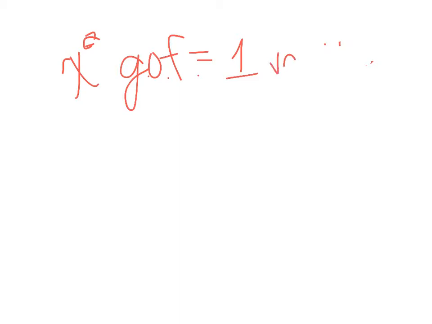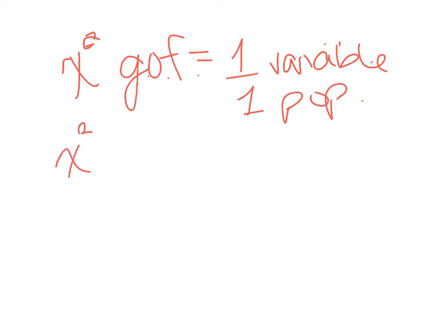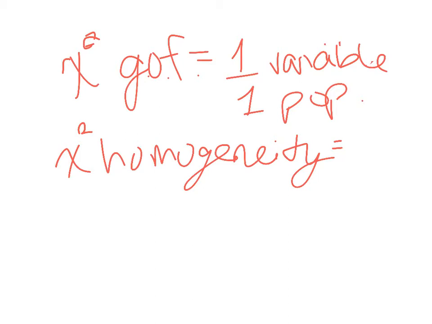So 1 variable, 1 population. Color is my variable, my population is my box of Fruit Loops. Okay, your chi-square for homogeneity, like we mentioned before, this is going to come from 2 or more samples.